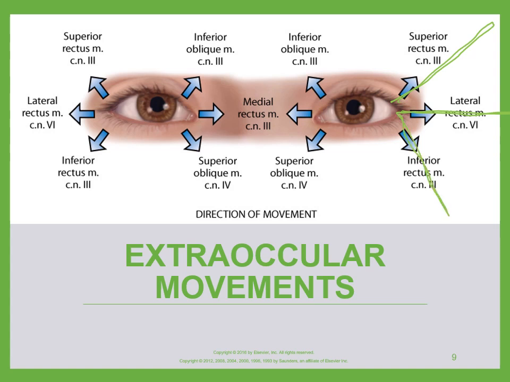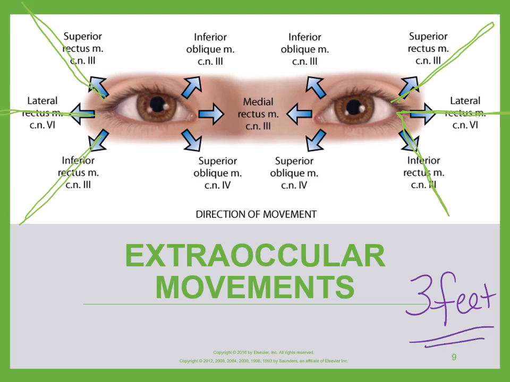So you're moving in a clockwise direction, and then you're going to go right lower and back, right lateral and back, and then right upper and back. Remember you're doing this at about arm's length away, which is roughly 3 feet. You don't want to be too close when you're doing this.